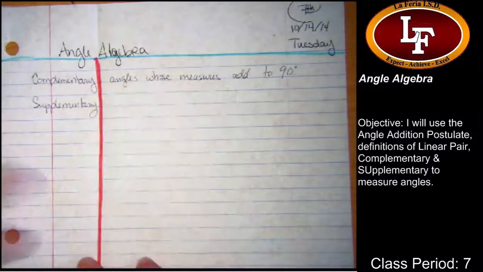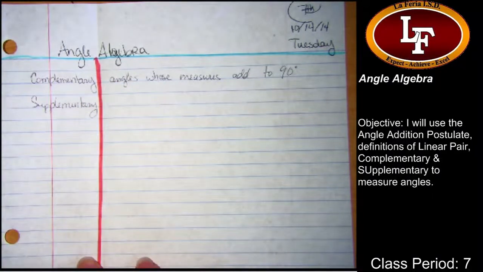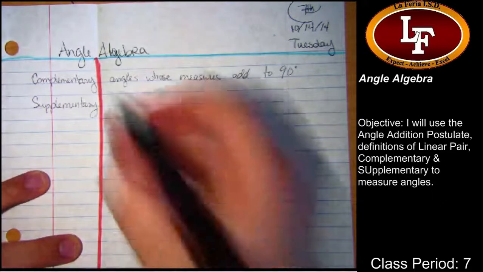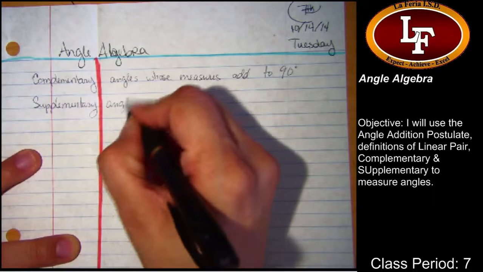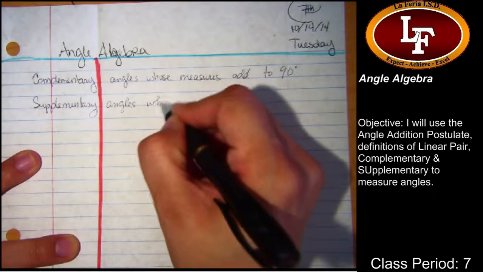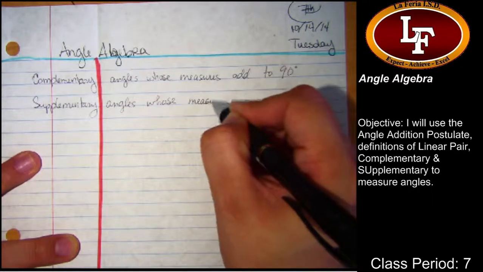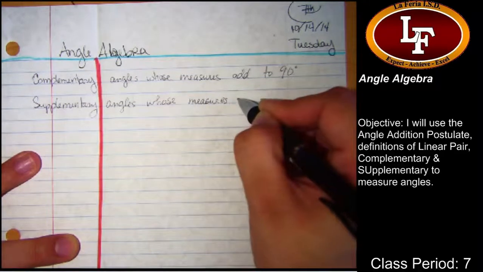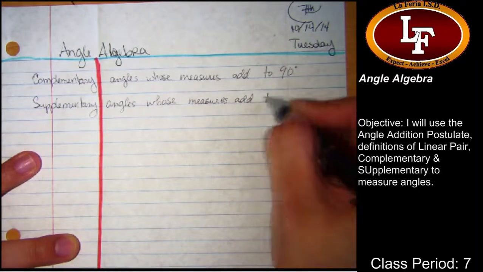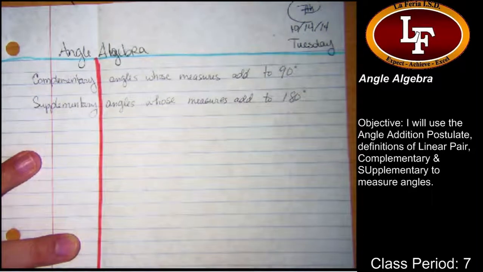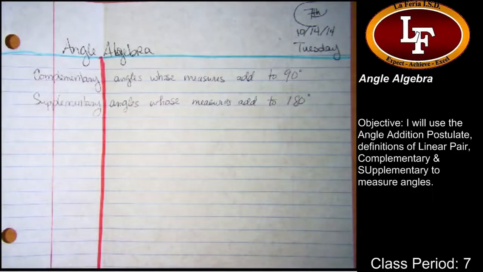The next word to go over is supplementary. And supplementary angles are angles whose measures add to 180 degrees. So there really isn't a difference between these two other than the measure that they add up to.